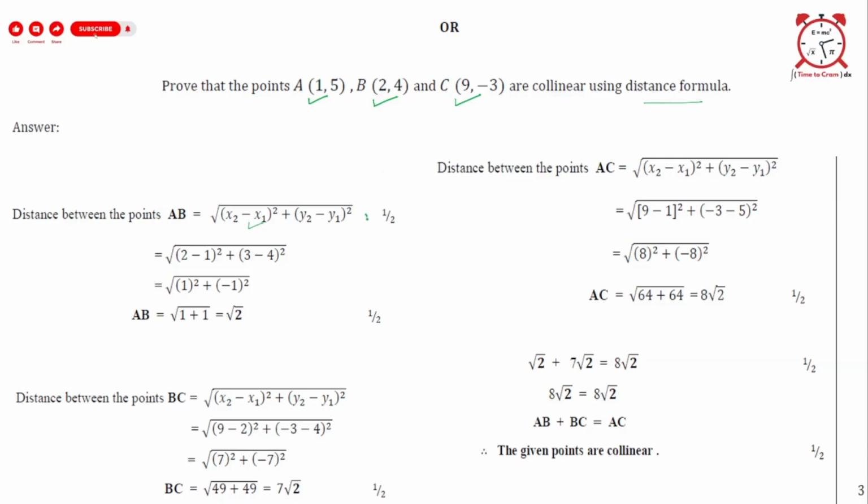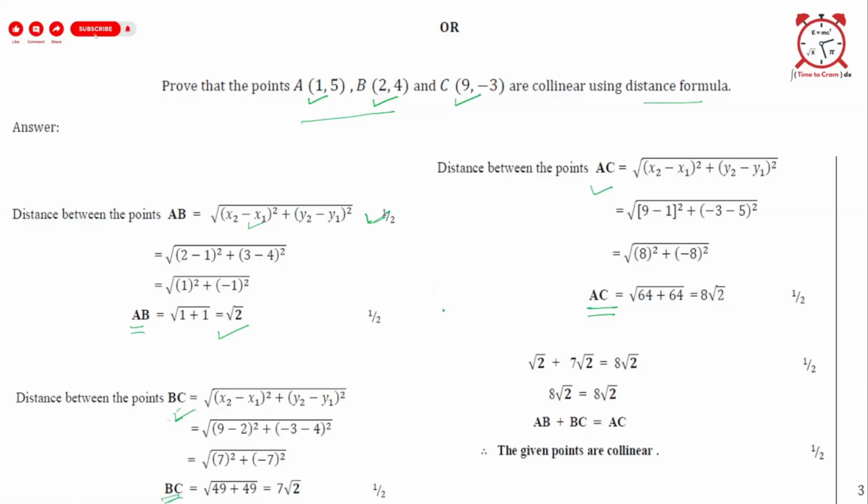Look, for writing the formula only we are getting the half marks. So for AB, we have to take the values and keep them. So we will get the value root 2 for AB. Same way we will calculate for BC and AC. After calculating, do notice the values of AB, BC and AC.